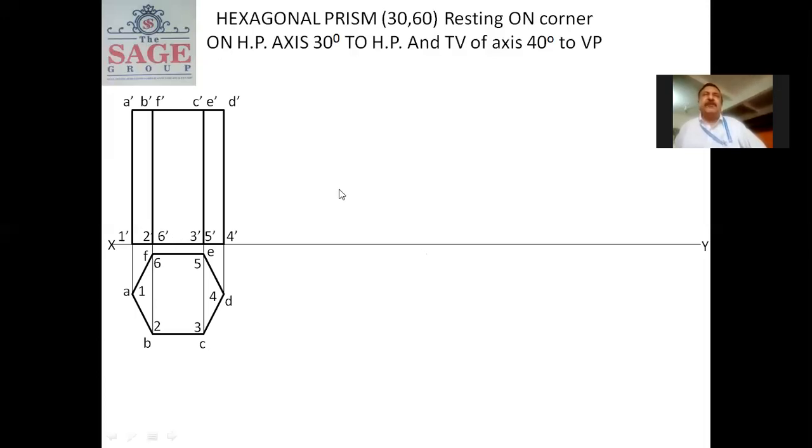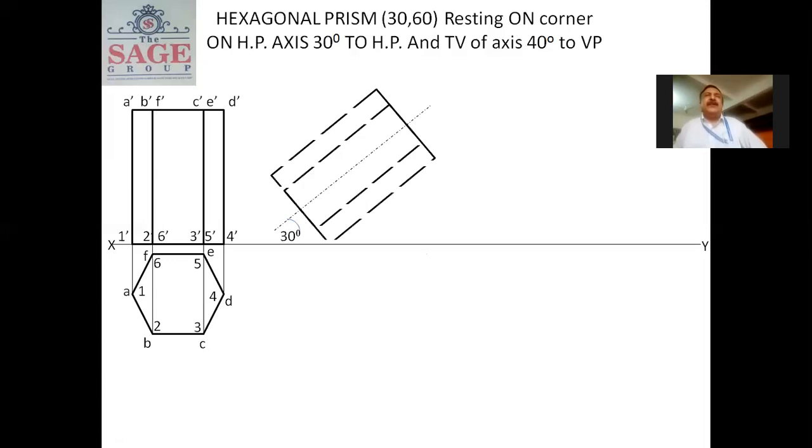Now we have to incline it. First of all, we draw the axis inclined 30 degrees to HP and then draw this front view like this, meaning this corner is touching XY. Now how do we draw this?